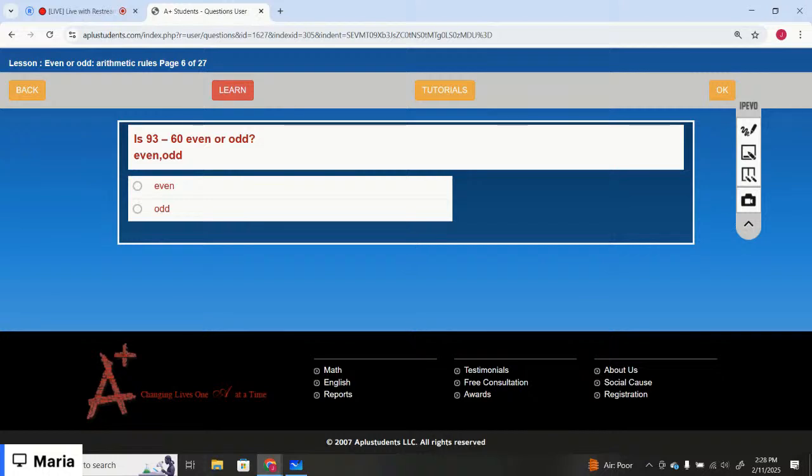Is 93 minus 60 even or odd? The difference between an odd and an even number is odd. It is very good. Option number 2 is the correct option.